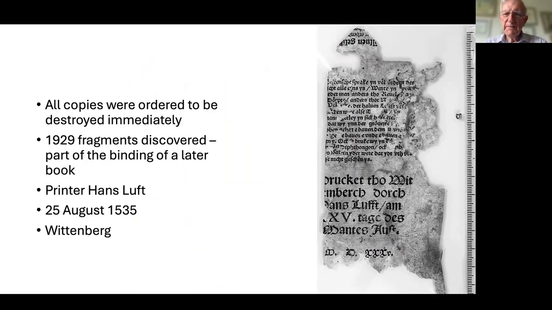As you can read there, the book, although it was destroyed, apparently in its entirety, in 1535, in 1929, parts of it were discovered in parts of a later binding. We shall be examining this shortly more fully.